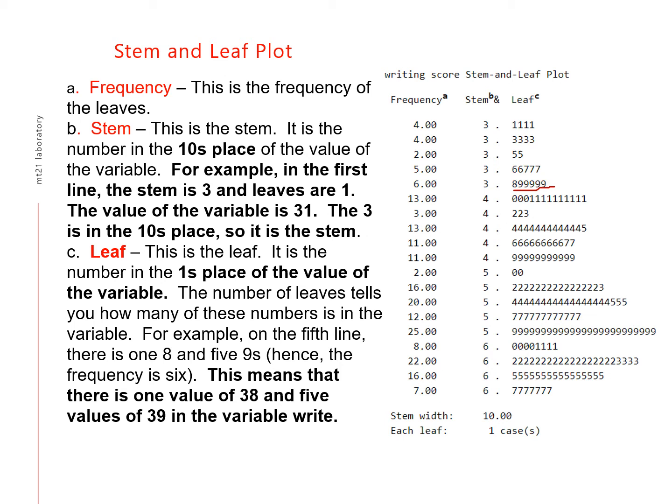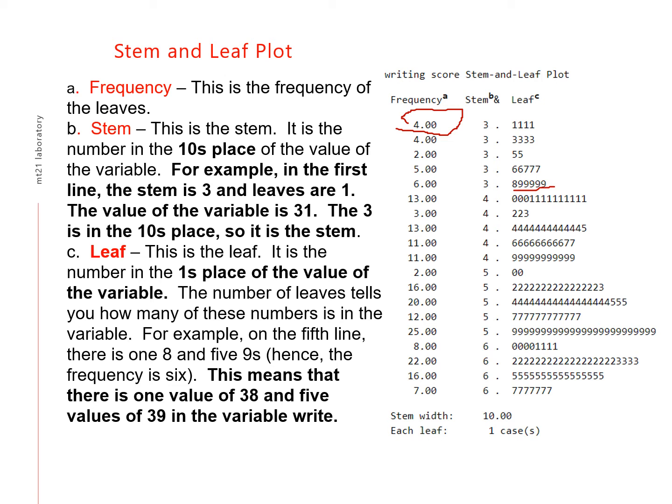So 3, which is in tens place, is placed in the stem, and 1 is being placed on the leaf. So the score is 31. Now look at the frequency, guys. It will tell you that for the leaf, there are 4 ones, meaning to say that there are 4 respondents who got the score of 31.